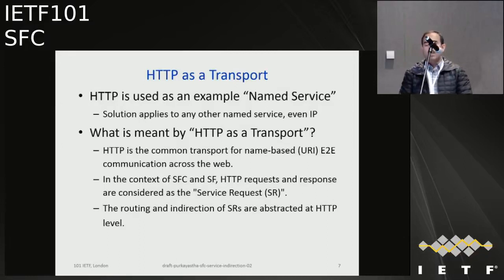In the context of SFC and service function, what we have done is abstract the HTTP request and response as a service request. And we are trying to do the routing and indirection of these service requests at the HTTP level. If we go to the next slide, please.